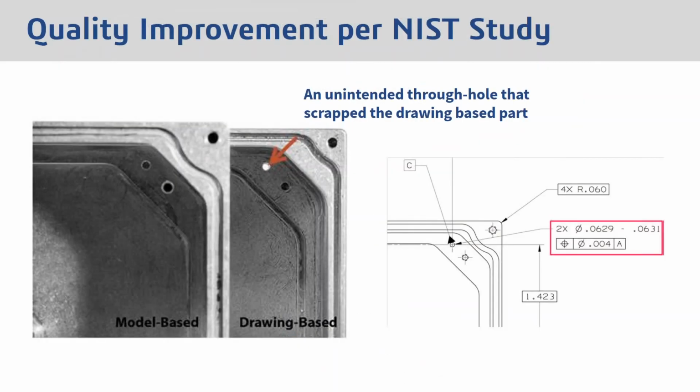So that's another study that NIST did with this part. We have the model-based part on the left side and the drawing-based part on the right side. And you can see that for the drawing-based part, one of the errors was that they drilled a through hole in the part, this through-all hole, which is not what the part was meant to have. It was supposed to have a hole to a certain depth.